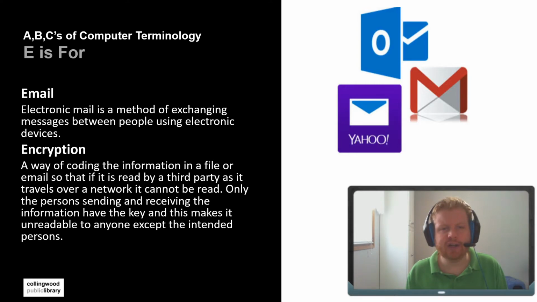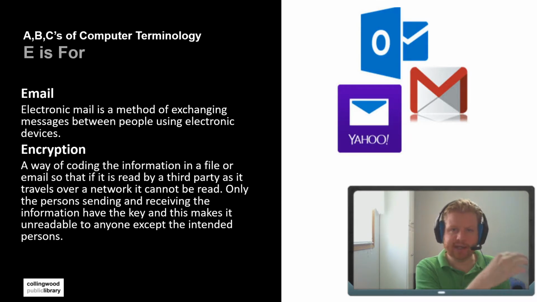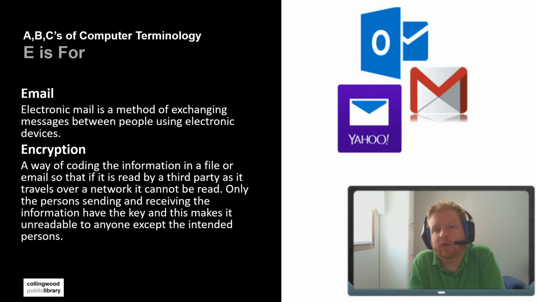With encryption, it's basically harder or almost impossible to read that information, and it will only decrypt when it gets to the other person. So during transit, it's not readable, but once that other person gets it, it either will decrypt itself, or you will provide information in order to decrypt it.